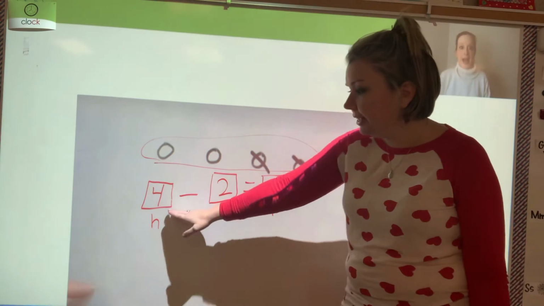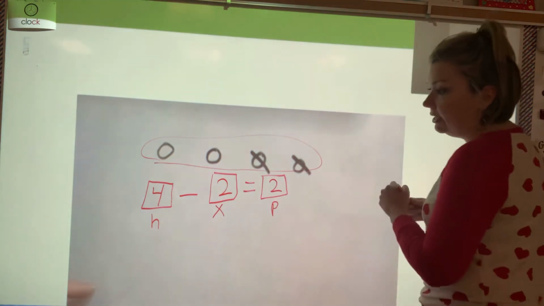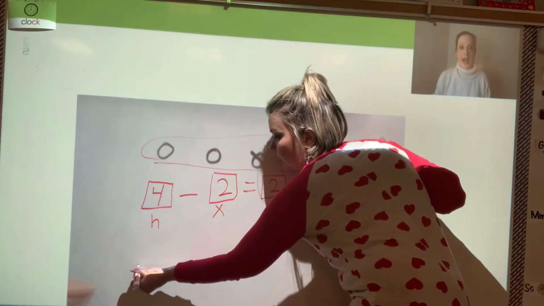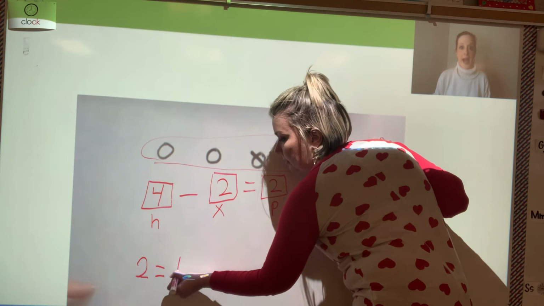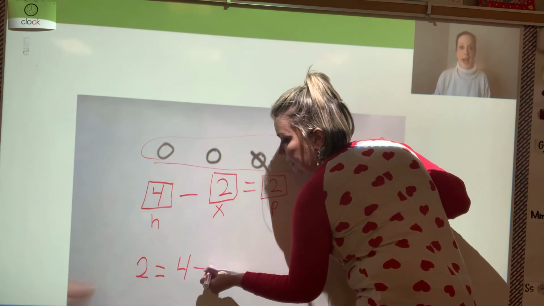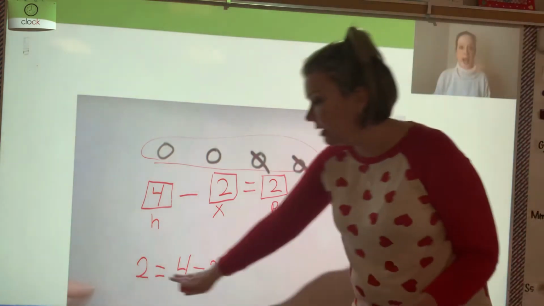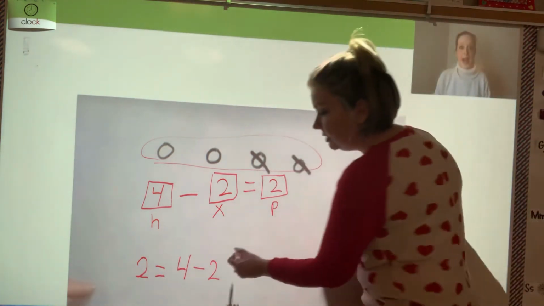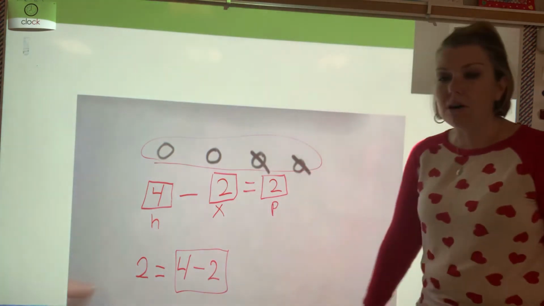So we need to keep these numbers the same, but we could put our answer first. 2 equals 4 minus 2. That we can do. We can put the answer first, but these two need to stay the same, where the larger number is always first.